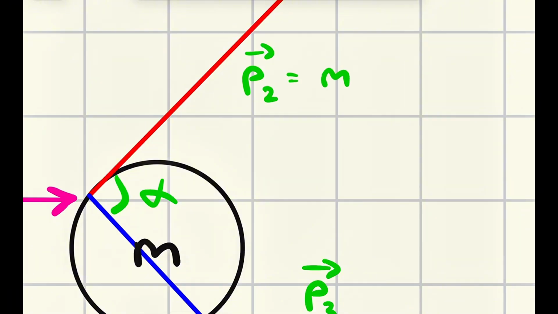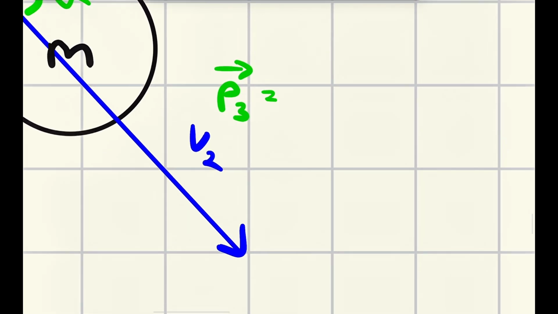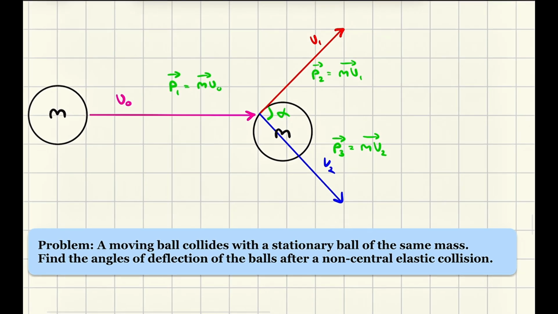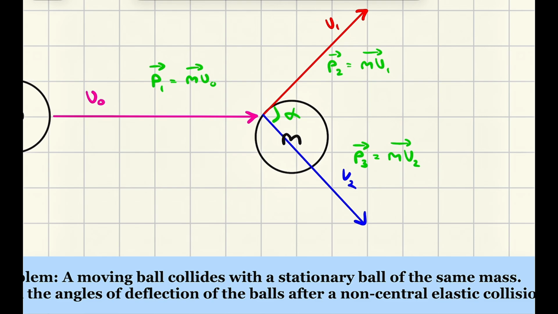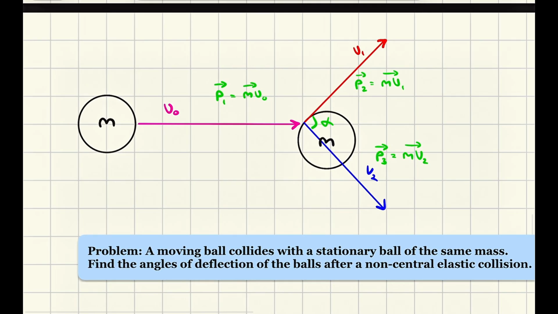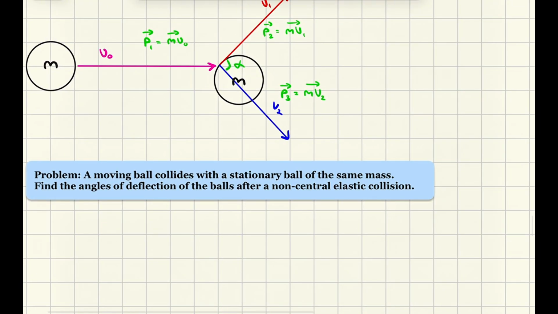This is m v1, and this is m v2. In this problem the masses would cancel out, but in further problems where the masses are different, we need to take into account that these are not just velocities, they are momentums.